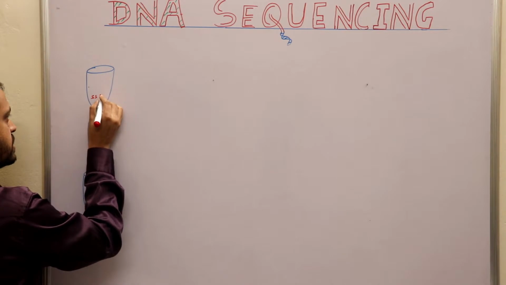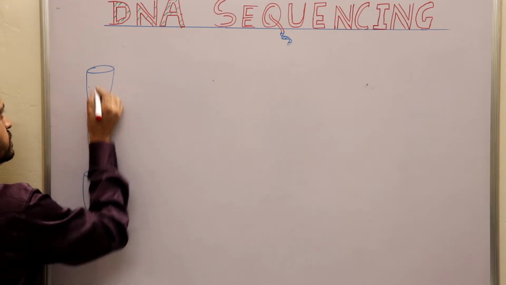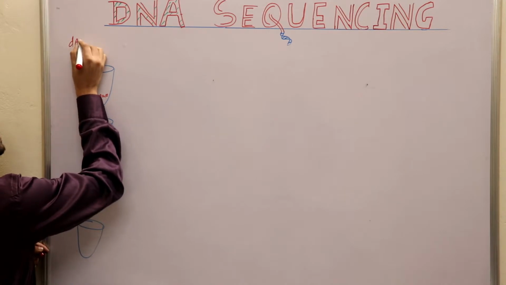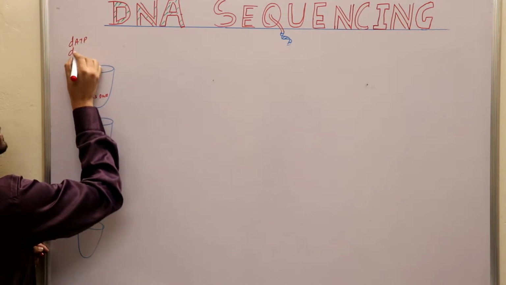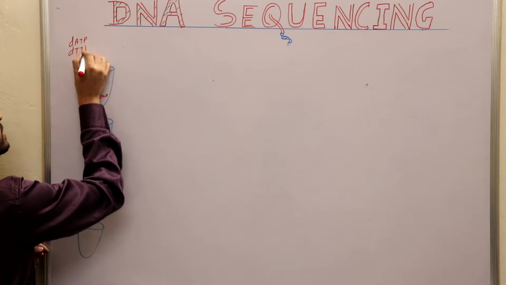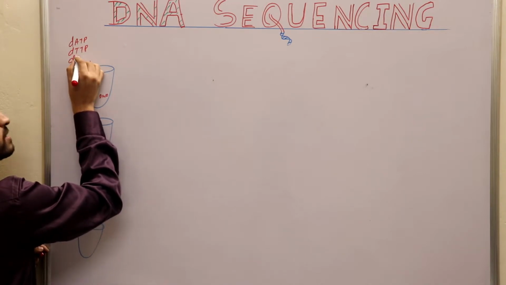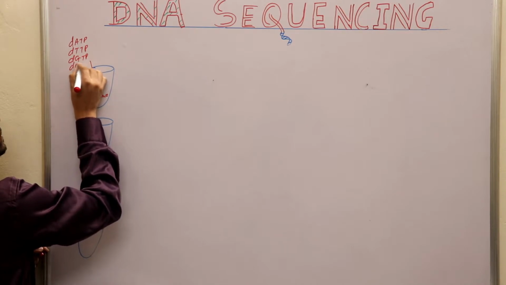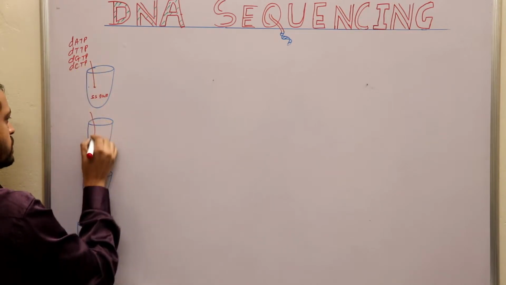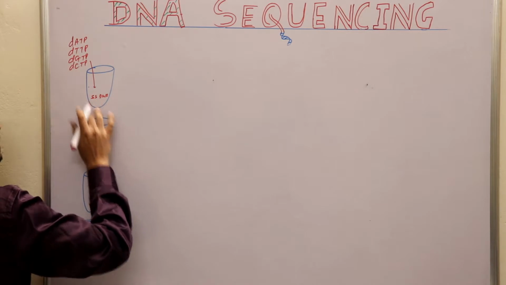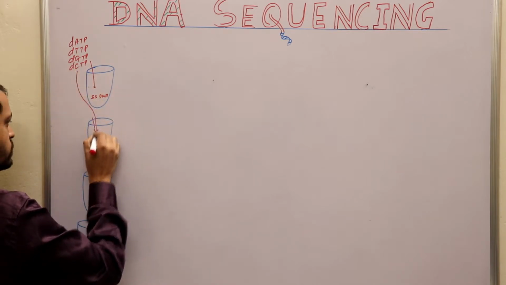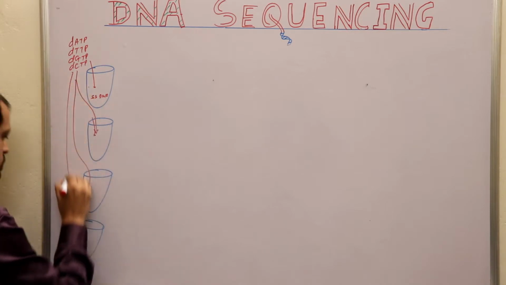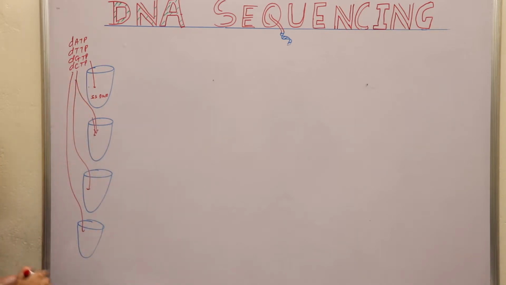Single strand DNA, right? After that, dATP, dTTP, dGTP, dCTP. To this again, same thing is added again and again to each and every PCR tube. But what is the unique thing?